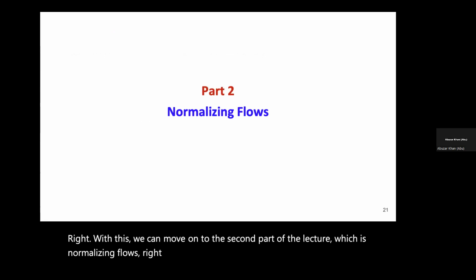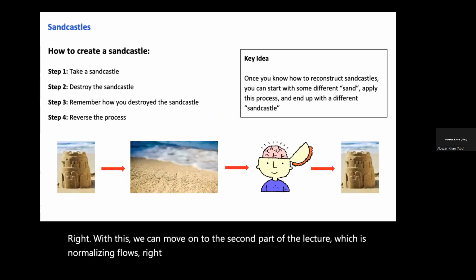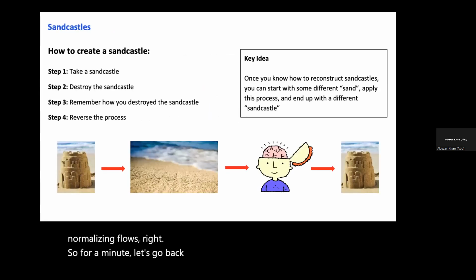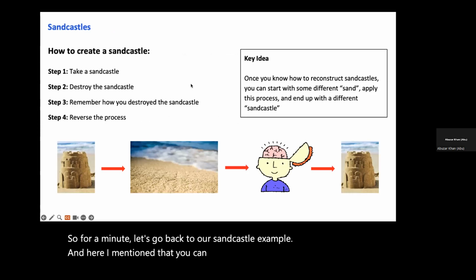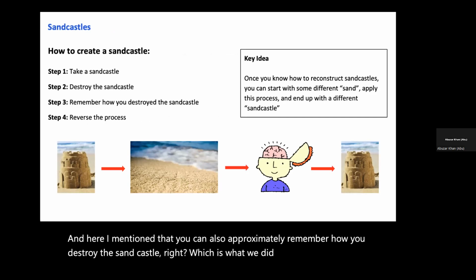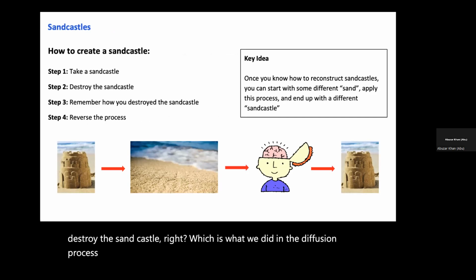Right. So for a minute, let's go back to our sandcastle example. And here I mentioned that you can also approximately remember how you destroyed the sandcastle, right? Which is what we did in the diffusion process. We learned how to go back through the diffusion steps, right? Now, what if we wanted to do this exactly?